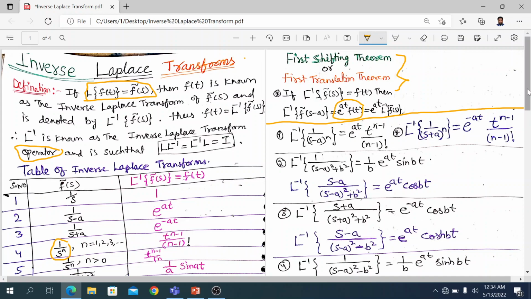Next, Laplace inverse of s plus a by s plus a whole square plus b square is e power of minus at cos bt, since plus is there. And Laplace inverse of s minus a by s minus a whole square minus b square is e power of at cosh bt, since minus means cos hyperbolic.